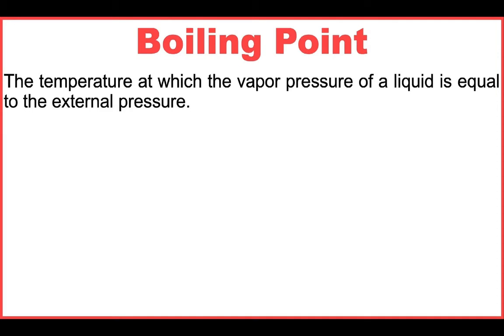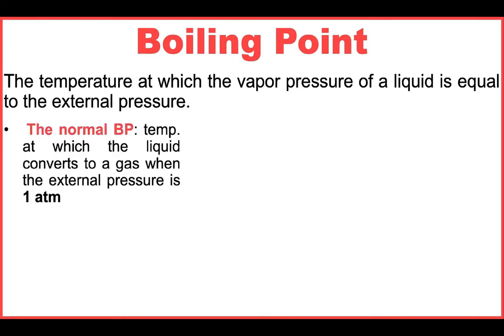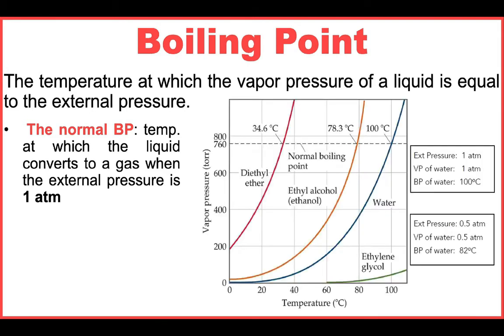We have this thing called the normal boiling point. The normal boiling point is the temperature at which the liquid converts to a gas when the external pressure is 1 atmosphere. So the normal boiling point of water is 100 degrees Celsius. The boiling point of a liquid depends on the external pressure.